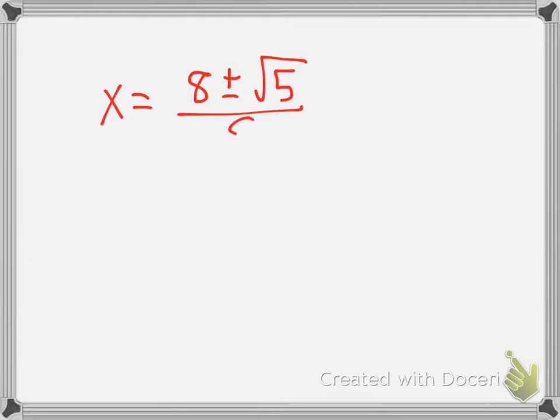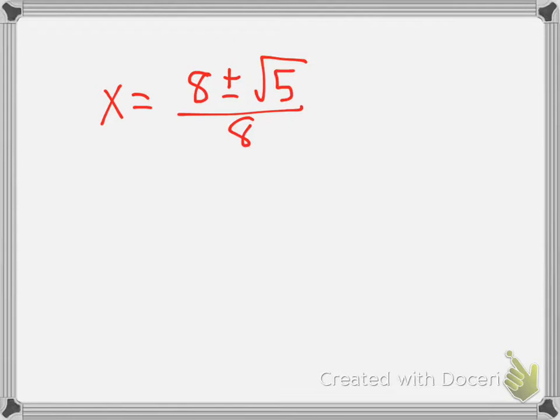I want to take a minute to talk about simplifying these answers. So I'm just going to not do an equation, but I want to show you what to do if you're simplifying. So let's say you have 8 plus or minus the square root of 5, all over 8.